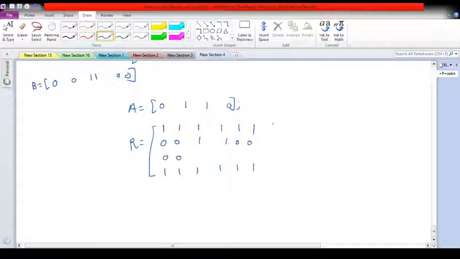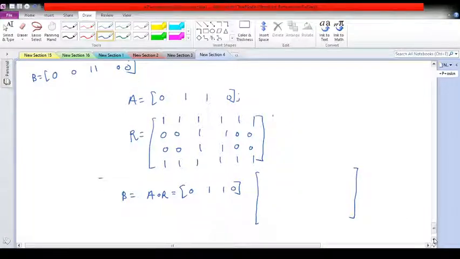Here also 0 0 1 1 0 0. Okay, and that was A. Now from that let me obtain B using composition. So B can be obtained using A composition with R. So A is 0 1 1 0 and R is this.